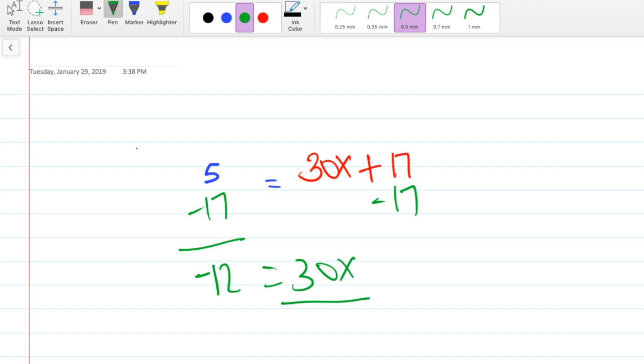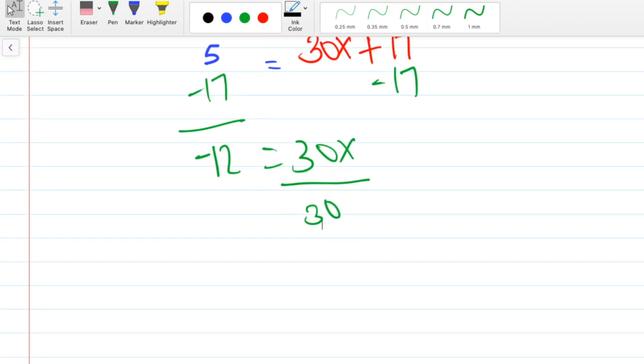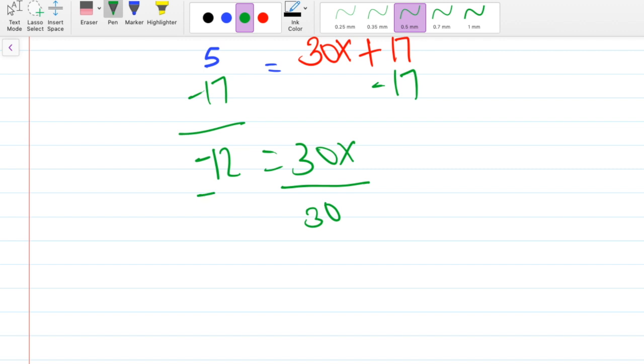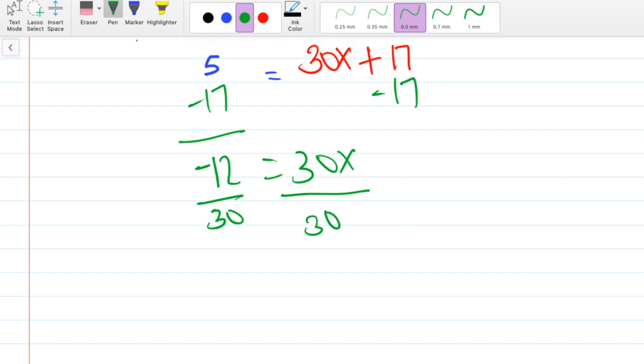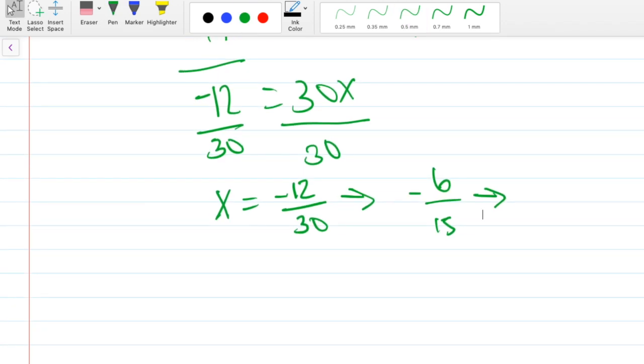If you divide by 30, you get x is equal to negative 12 over 30, which simplifies down to negative 6 over 15, which you can simplify further.